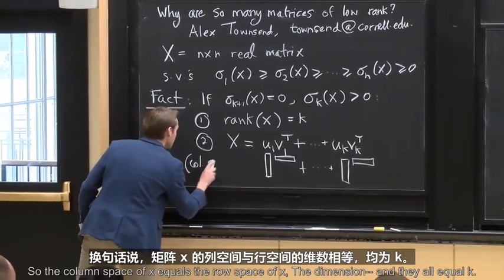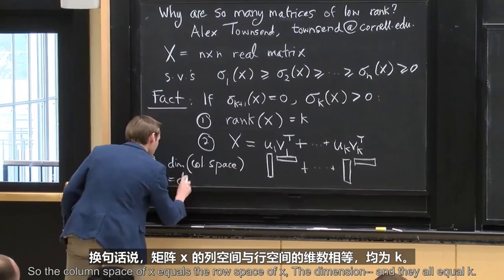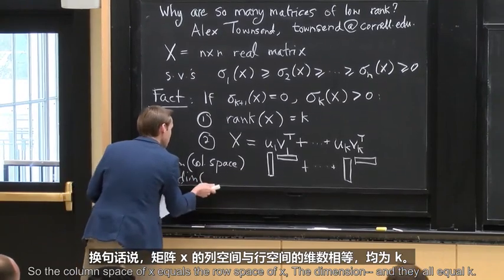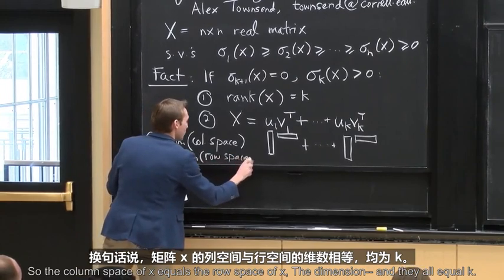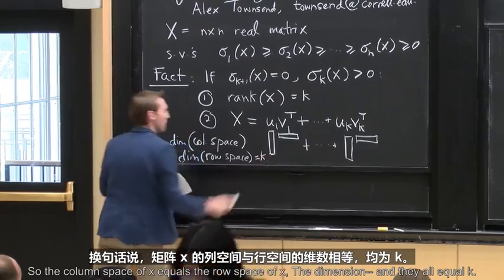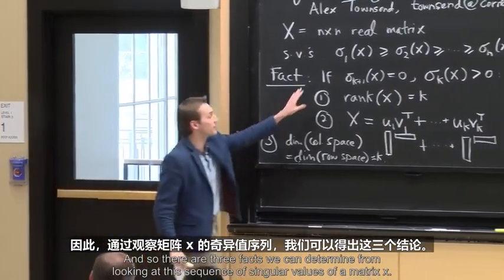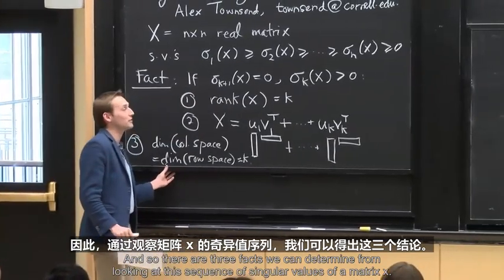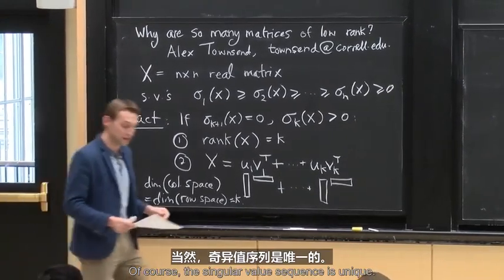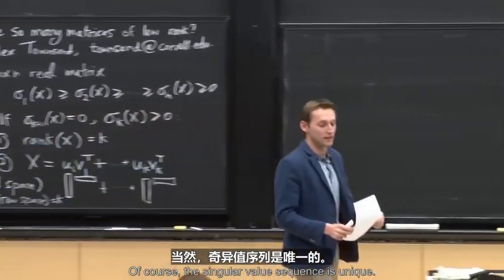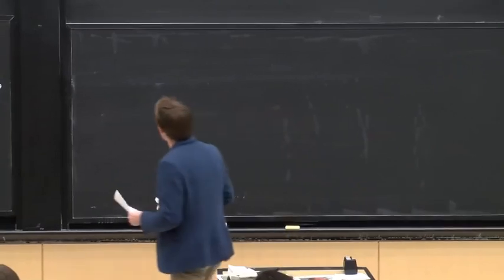So the dimension of the column space of X equals the dimension of the row space, and they all equal k. Okay, so there are three facts we can determine from looking at this sequence of singular values of a matrix X. Of course, the singular value sequence is unique. X defines its own singular values.